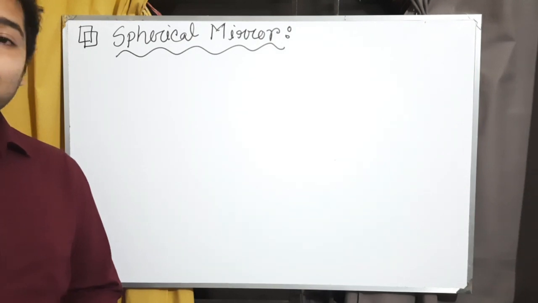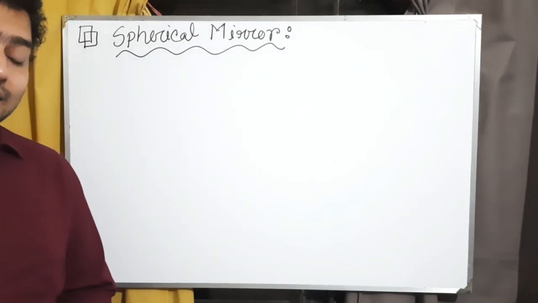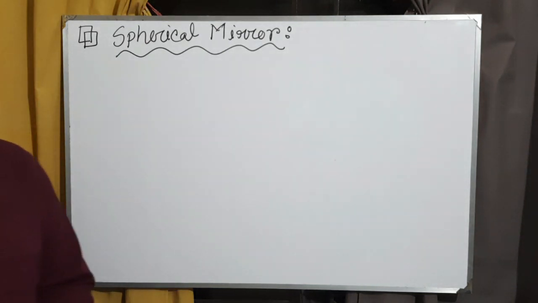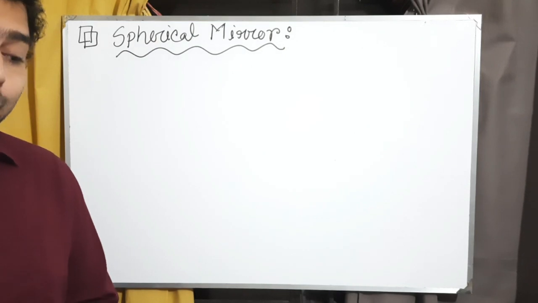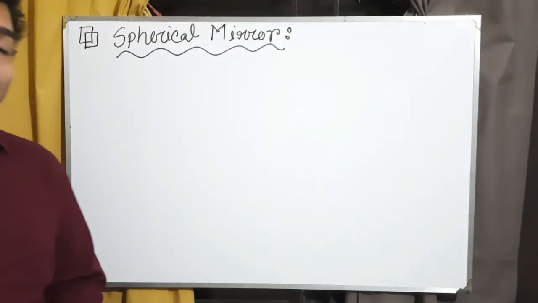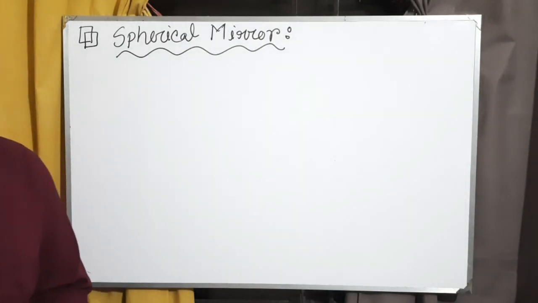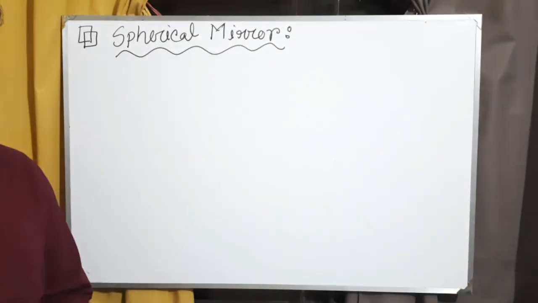I will repeat it again. When a portion is cut off from a hollow sphere and its surface is coated with a silver or aluminum coating, then this type of mirror is called a spherical mirror.